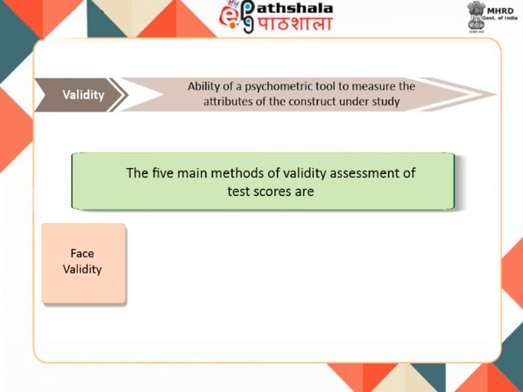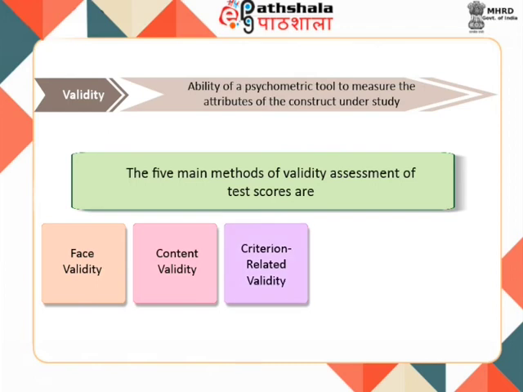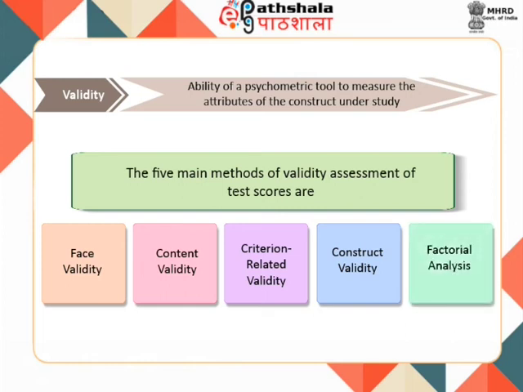Determining validity by asking the subject matter experts, content validity. 3. Determining validity by criterion-related studies, criterion-related validity. 4. Determining validity by convergent and divergent assessment, construct validity. And 5. Determining validity by factorial analysis.